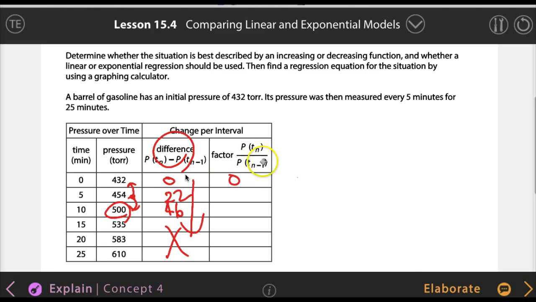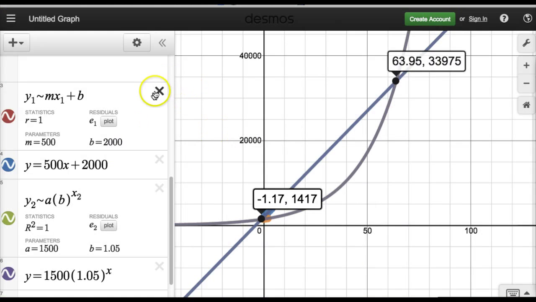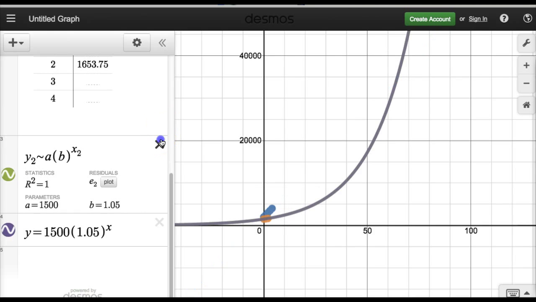So there you go. In order for me to figure out what number I have to multiply to get to the next number, I have to go backwards again. I always go back number, 454 divided by 432, the front number, and then I'm going to put the answer there. I can't do this off the top of my head, so I've got to use my Desmos. I've got to get rid of everything that I did earlier.